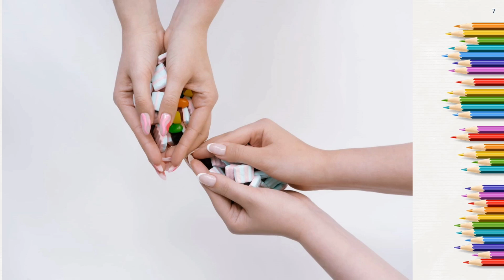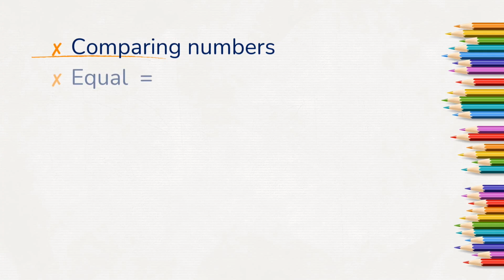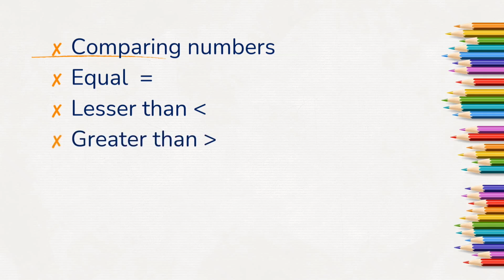So when you compare two numbers, you will get to know whether the numbers are equal, more than, or lesser than, right? And these are the signs used to indicate equal, lesser than or greater than.